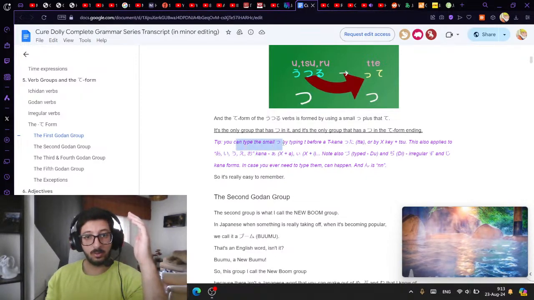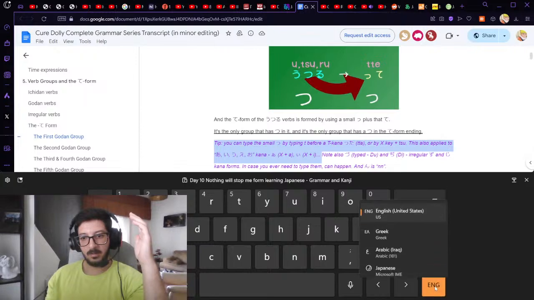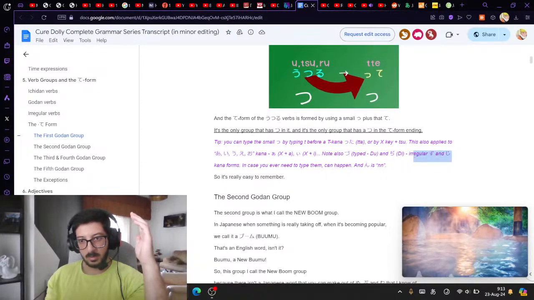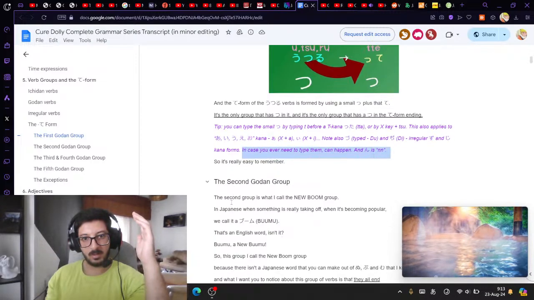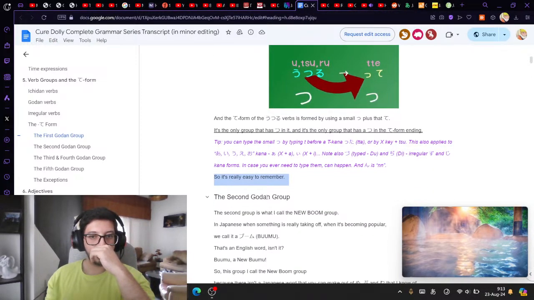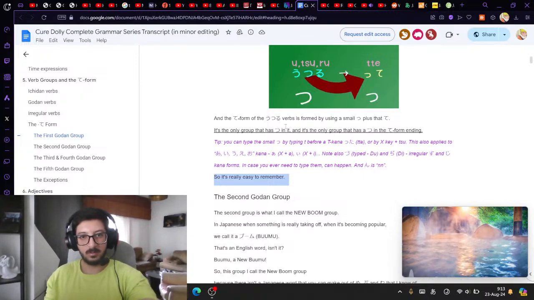You can type the small tsu by typing t before the t kana, or by the x key. I have the Japanese keyboard, but it doesn't work. Anyways, irregular zu and g kana forms, in case you ever need to type them. So it's really easy to remember. We check the typing later.